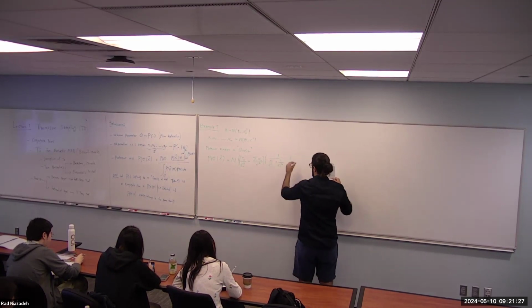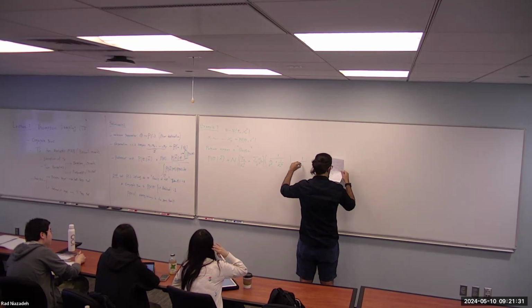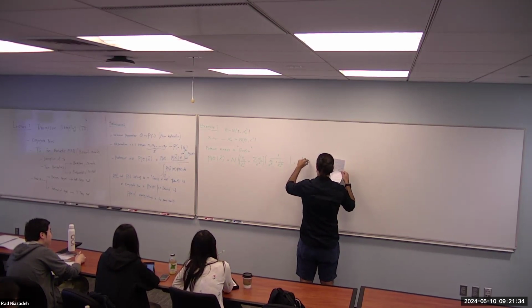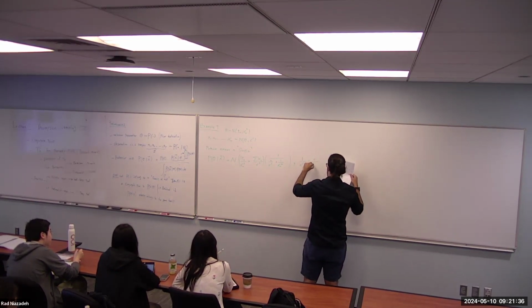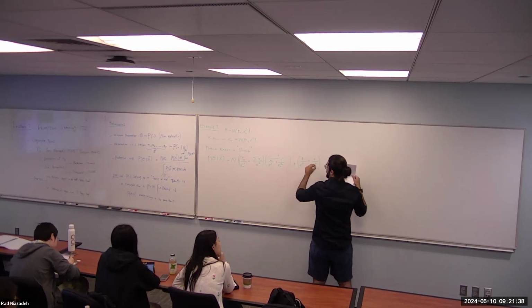So that's the new mean. And the new variance is 1 over sigma 0 squared plus n over sigma squared, to the power minus 1.